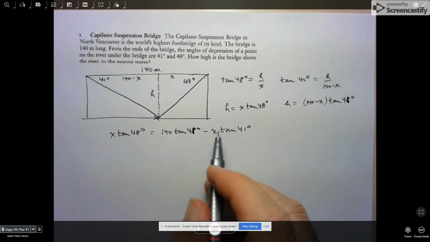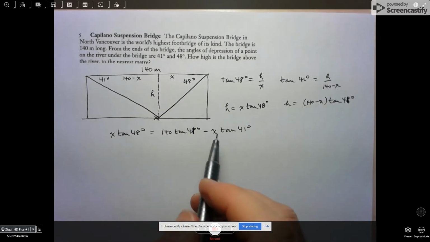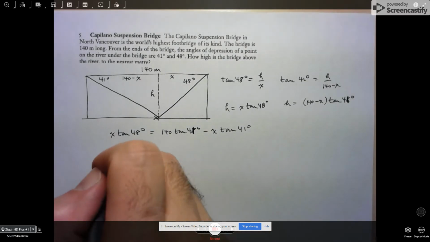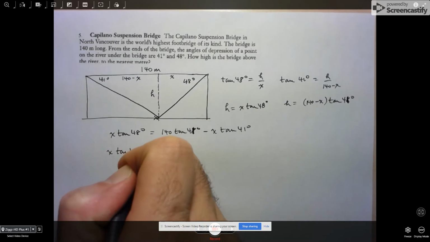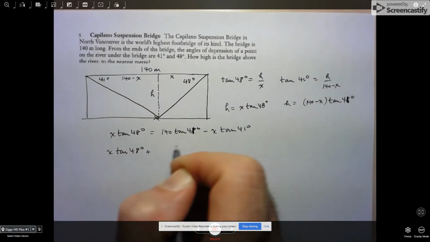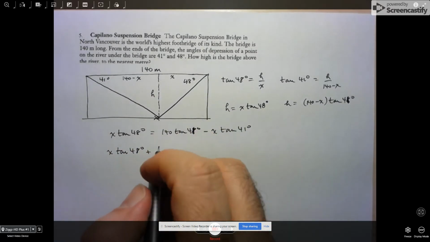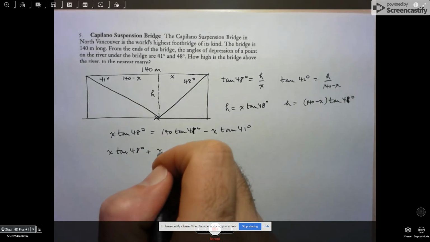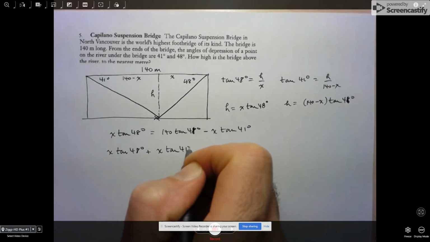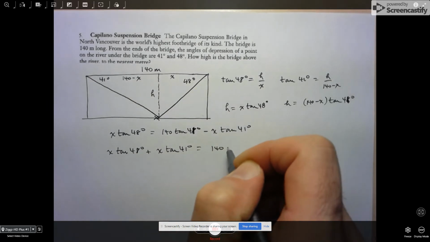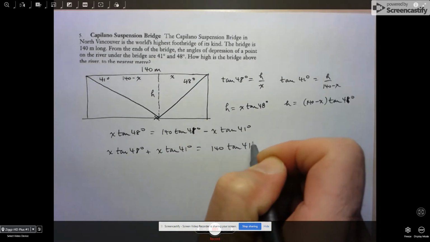And we're going to solve this the way we solve any other linear equation, is we're going to collect all the x terms to one side. So we have x times tan 48 plus, that's changing from a subtraction to an addition, x times tan of 41 equals 140 times tan of 41.